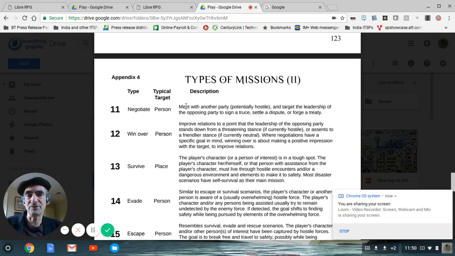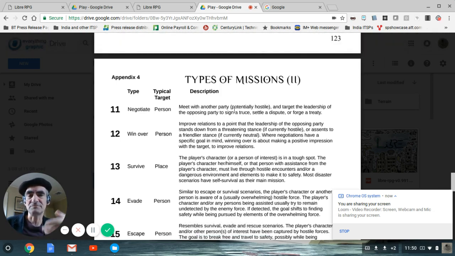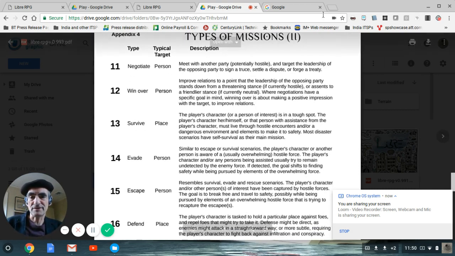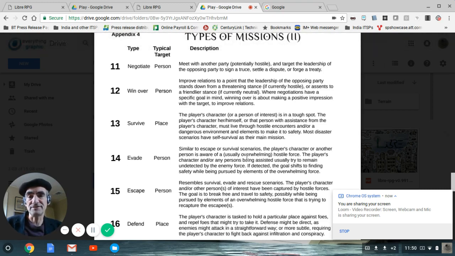But here it shows you, meet with another party, potentially use hostile, target the leadership and the opposing party, sign a truce, get some sort of negotiation that they hopefully agree to, but at least you make the attempt. Again, missions don't always have to succeed the way that you expect from these, but it gives you the kickoff goal that you're trying to achieve.